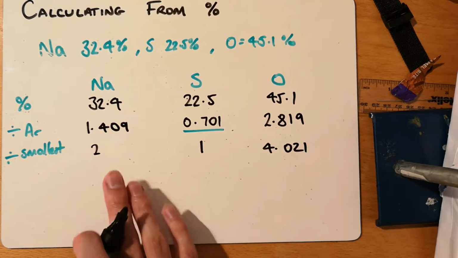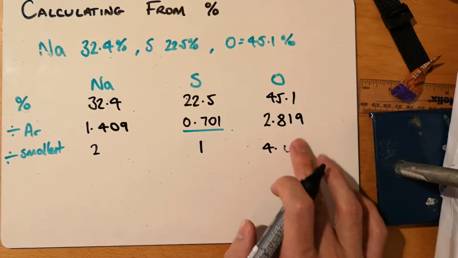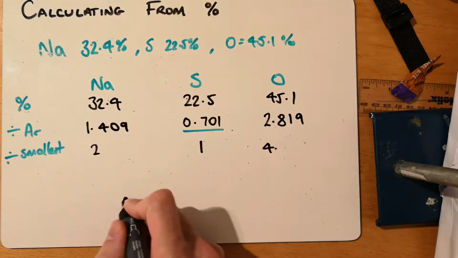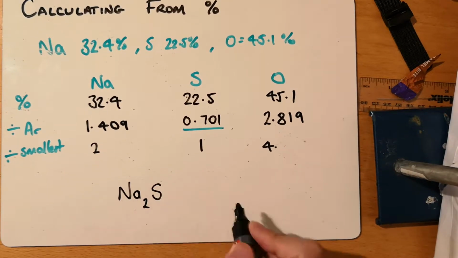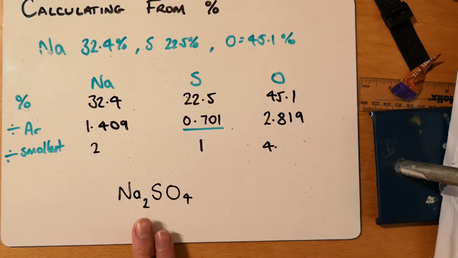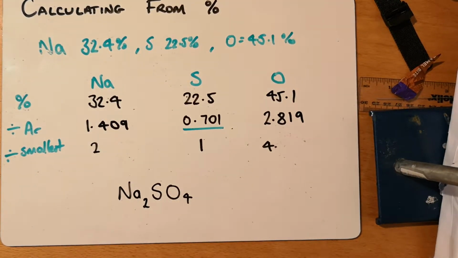I can round down when it's that close. Sulfur I've got at 1, and this oxygen, again, I can round down, it's so close. I can now see the empirical formula. I'm going to have 2 sodiums, I'm going to have 1 sulfur, and I'm going to have 4 oxygens. And that's the empirical formula for this compound that we got these percentages for.